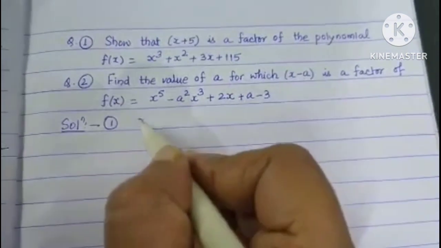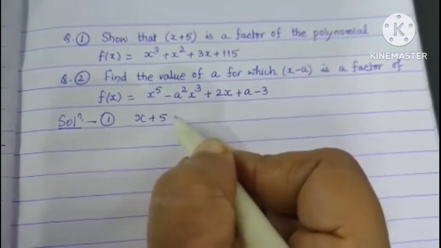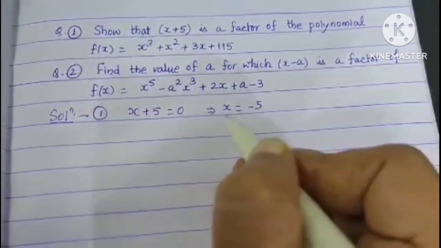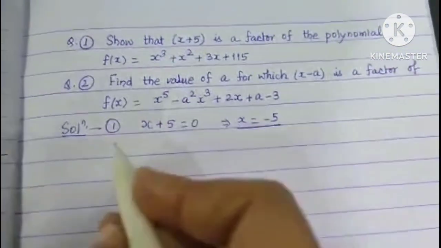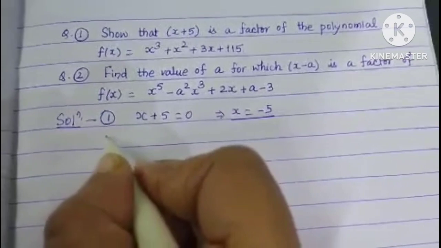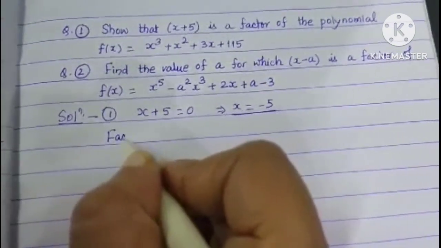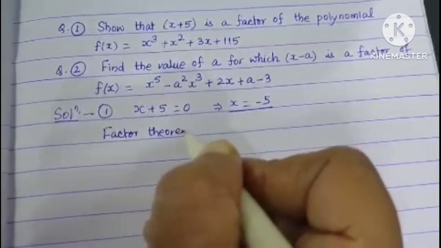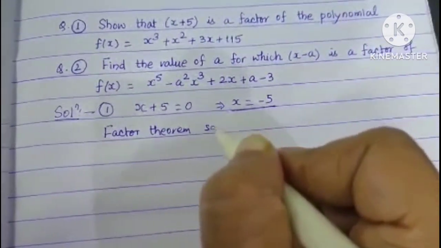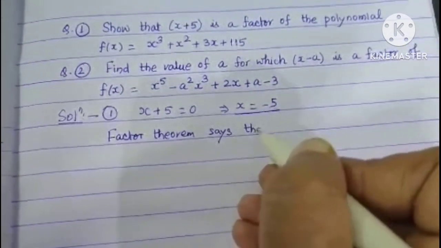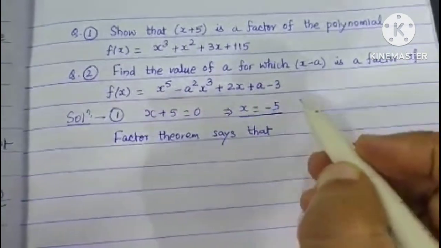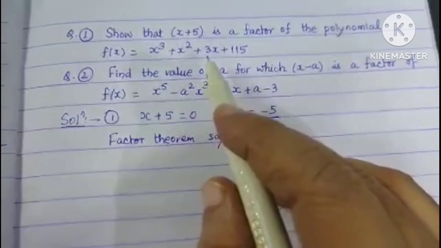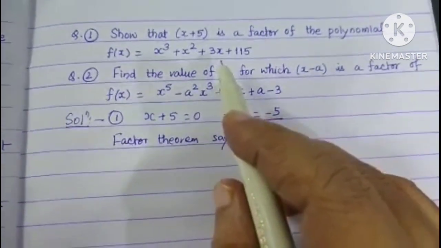Okay, first of all you have to do this: x plus 5 equal to 0. This implies x equal to minus 5. Now from the factor theorem, what does the factor theorem say? The factor theorem says that x minus a will be a factor of the polynomial when f of a equal to 0.